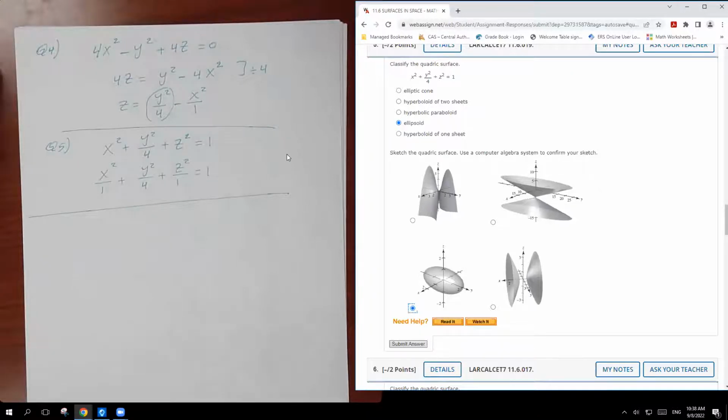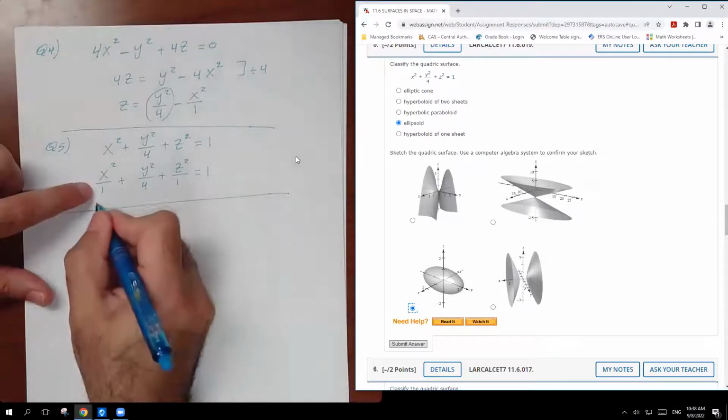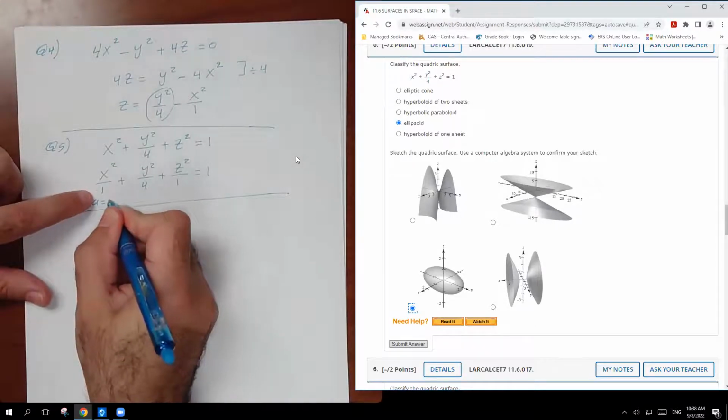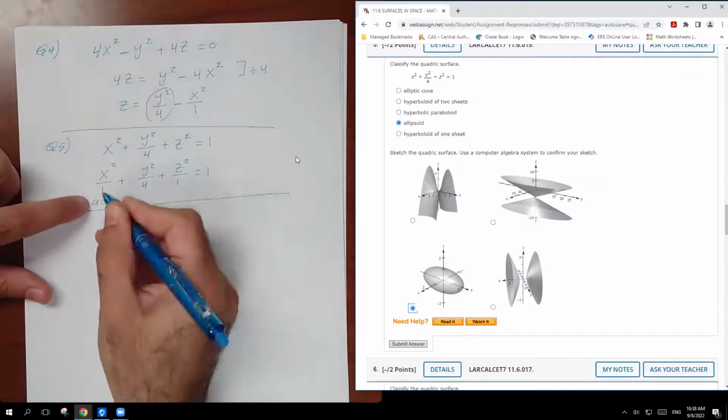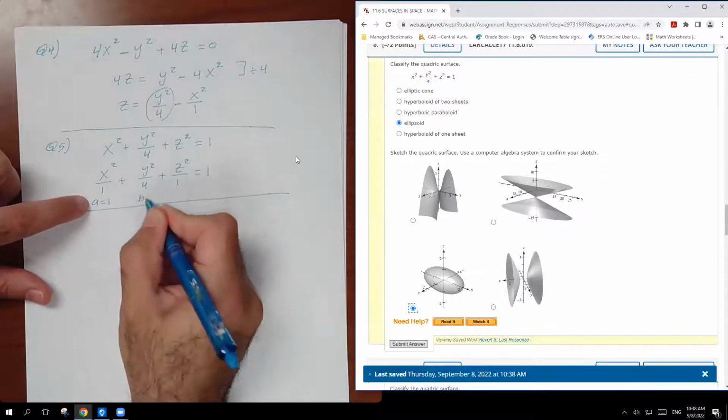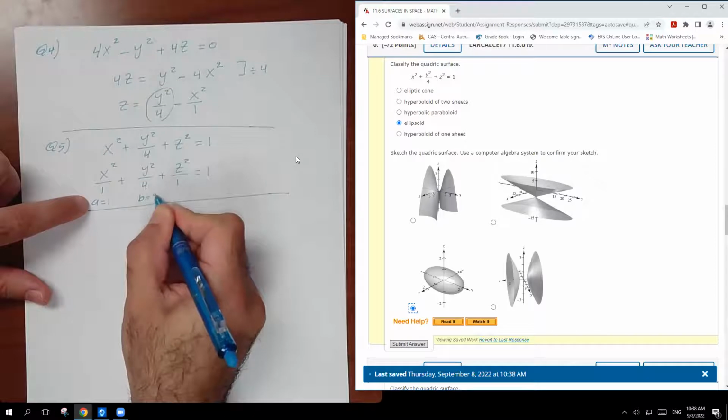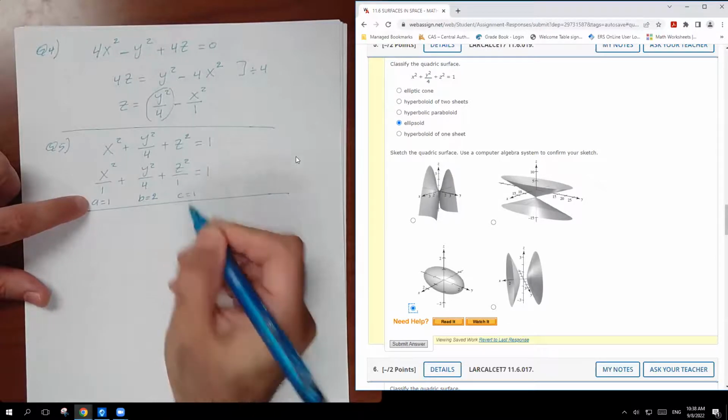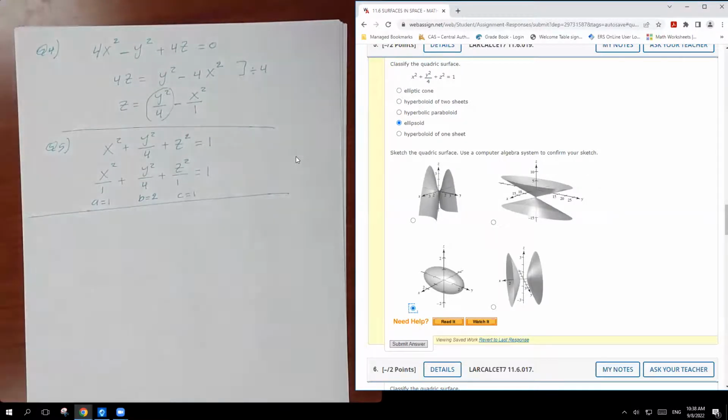And if you look here again, A squared equals 1, that means A equals 1. B squared equals 4, that means B equals 2. C equals 1. That means on the x coordinate the shape is going to be at 1, on the y coordinate it's going to be 2, and on the z it's 1.